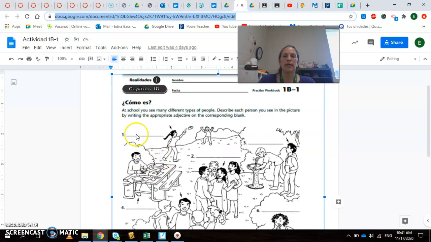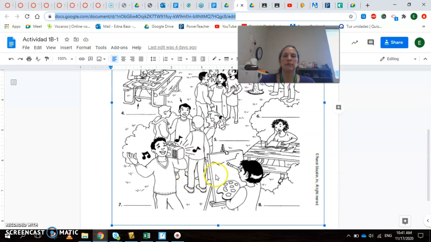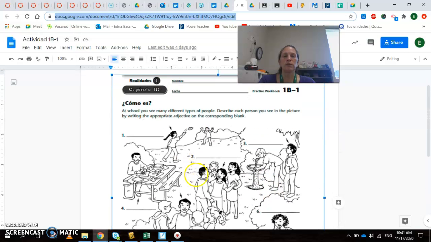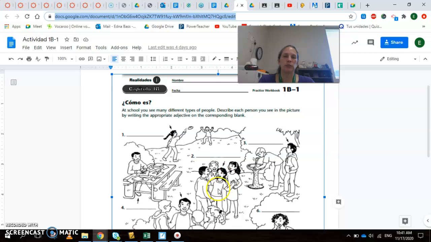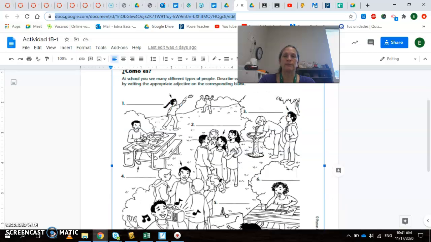You have 8 lines here. You see, 7, 8. And each one of these people is doing something, but what they're doing is showing what they are like, their personality. So we are talking about personality traits, and that's where we're going to use the appropriate adjective.